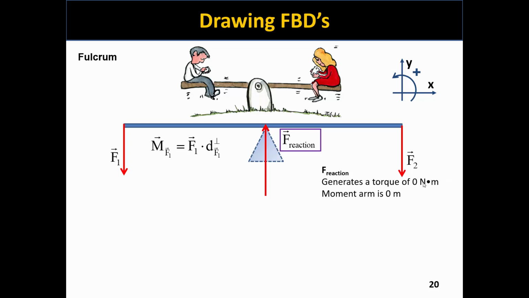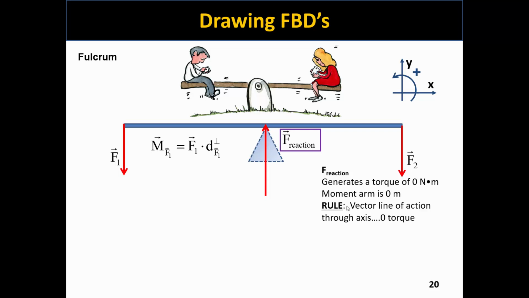And it's important to note that the value of 0 Newton meters does not mean that there's no force. There is clearly a reaction force. It's just that the moment arm is 0, and if we enter a 0 for either one of these two factors, then the product on the left hand side will be 0.